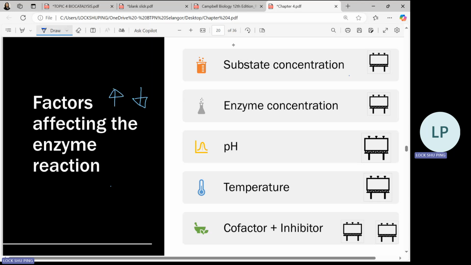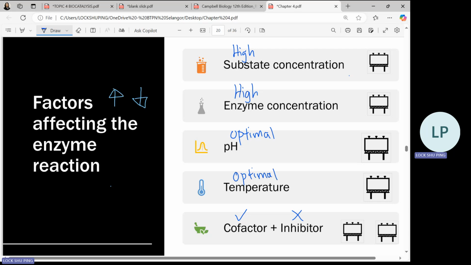They are going to be high substrate concentration, high enzyme concentration, optimal pH and optimal temperature that is present, and you have the cofactor and no inhibitor is present. So altogether, 1, 2, 3, 4, 5, 6. There will be 6 factors that can increase the efficiency of the enzyme reaction.